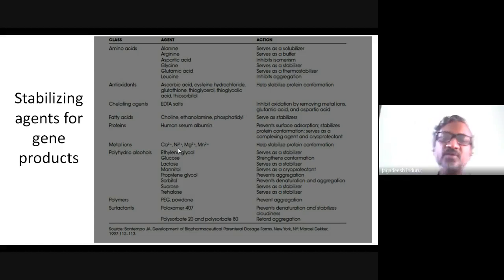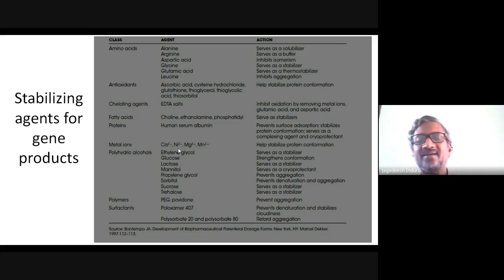Surfactants, obviously we need to use Poloxamer 407. It has already been studied in the literature; you find so many articles. They prevent denaturation and stabilize the cloudiness. So they make it very clear, form a scaffold, and make the dosage form very long acting, which stabilizes it more.